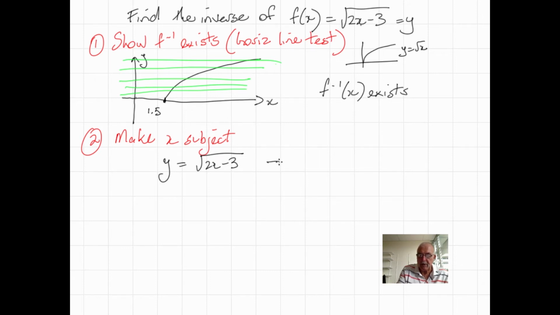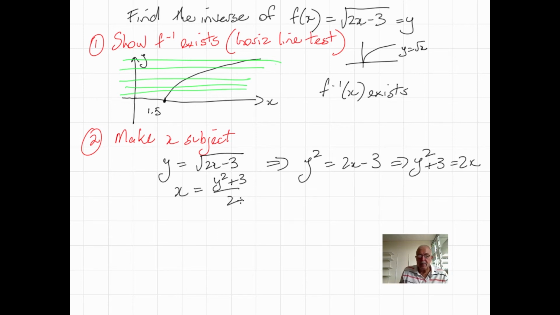So if we square both sides, we get y squared equals 2x minus 3. If we bring the minus 3 to that side, we get y squared plus 3 equals 2x. Then if we divide both sides by 2, we get x equals y squared plus 3 all over 2.